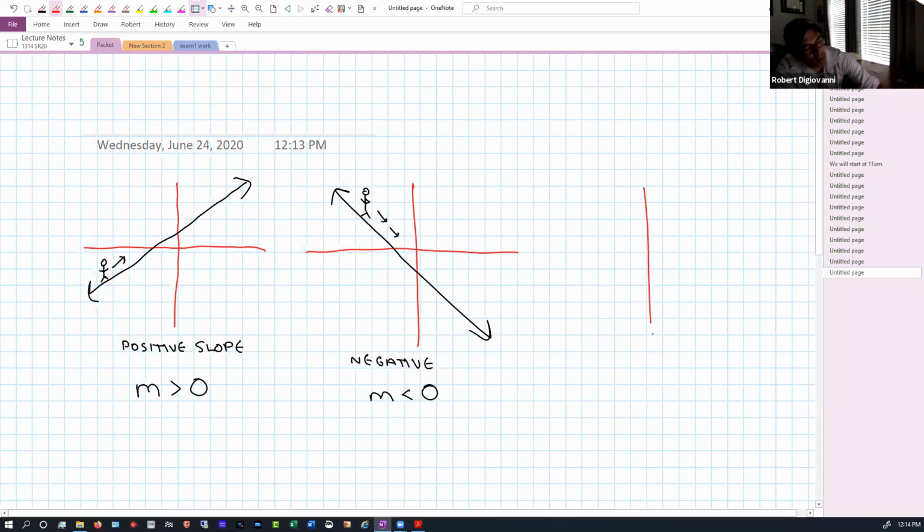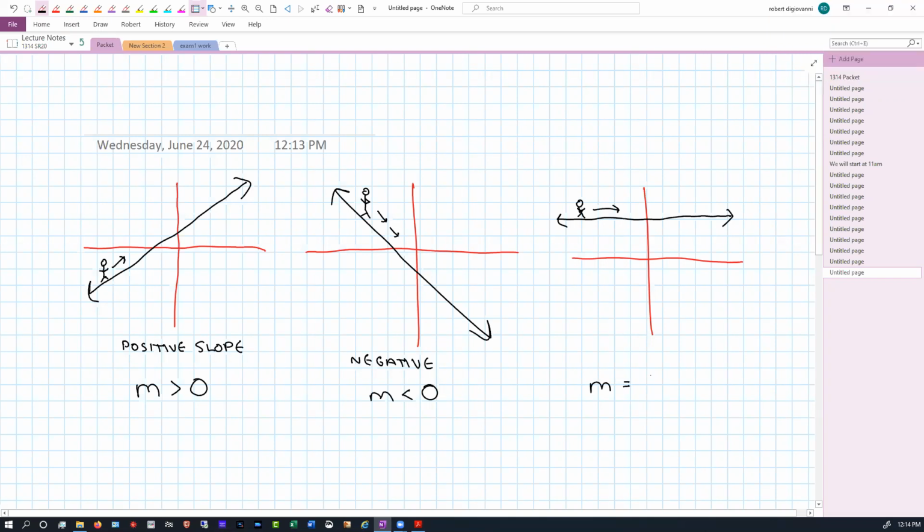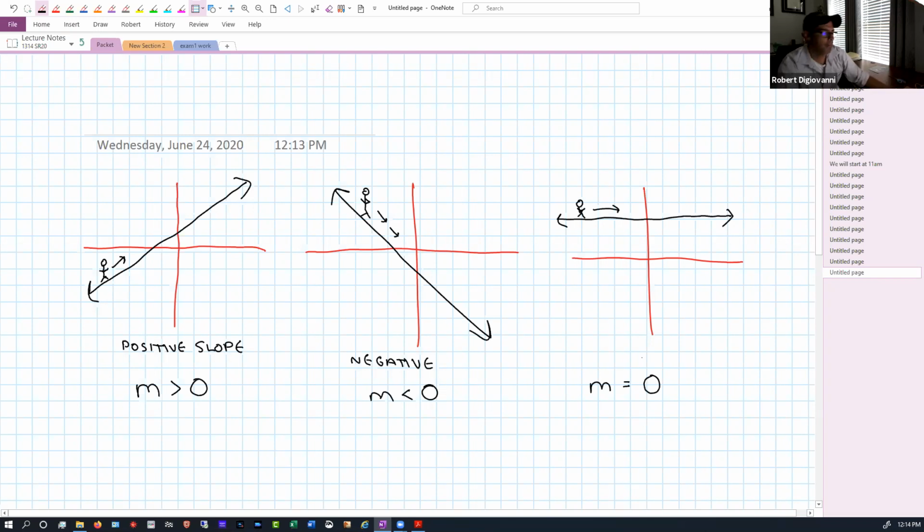Does anybody know what the slope of a line would be if you were flat, horizontal? So if you're walking on this, you're just walking across, you're not going up or down at all. You're just staying flat. Anyone know what the slope of that would be? 0. Good. There's 0 slope.